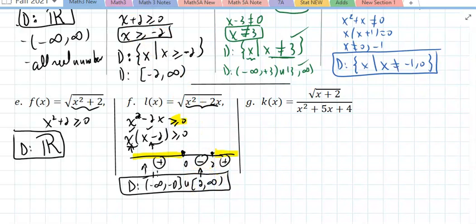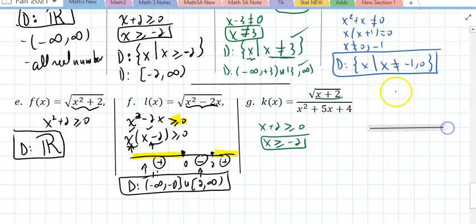And the last case, if I have a fraction and a radical, well, I'll work each of those individually. The radical, I'll say x plus 2 must be bigger than or equal to 0, so x must be bigger than or equal to -2. Now, it's ideal if you have multiple cases to put everything on a number line. So if I put the first case, x is bigger than or equal to -2.